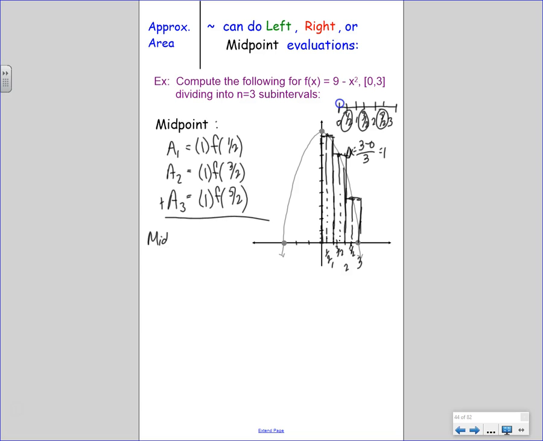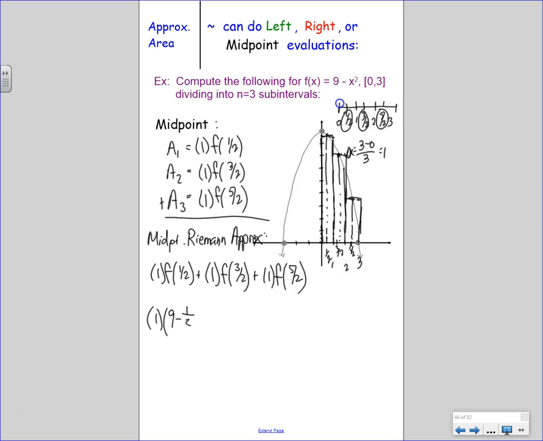So here we have the midpoint Riemann approximation equaling 1 times f of 1/2 plus 1 times f of 3/2 plus 1 times f of 5/2, which ends up being, ready? 1 times 9 minus 1/2 squared plus 1 times 9 minus 3/2 squared plus 1 times 9 minus 5/2 squared.